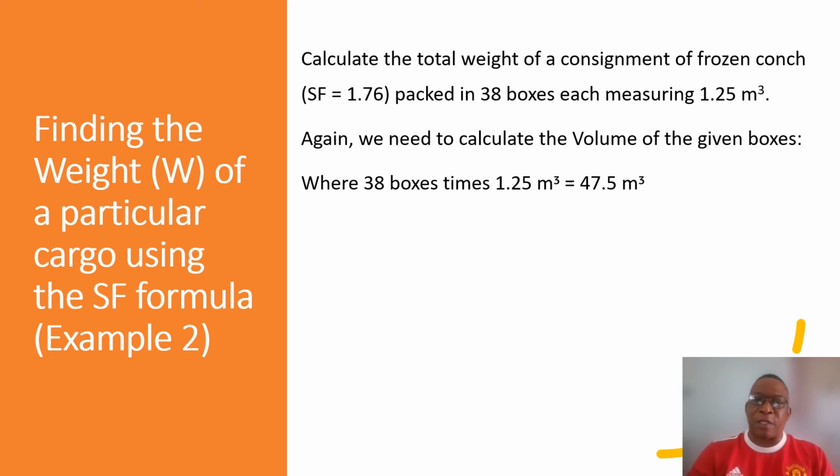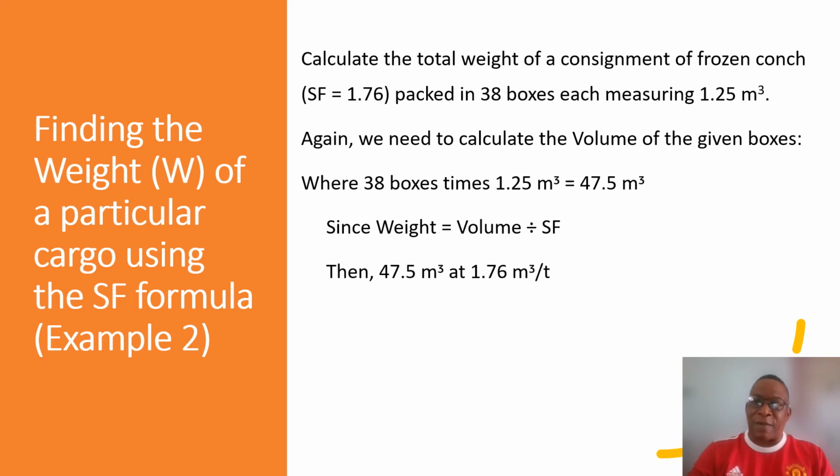This time it's 38 boxes times 1.25 cubic meters, resulting in 47.5 cubic meters. We already know that weight is equal to volume divided by stowage factor. Then 47.5 cubic meters at 1.76 cubic meters per ton would give us 47.5 divided by 1.76. Resulting answer 26.99 tons.